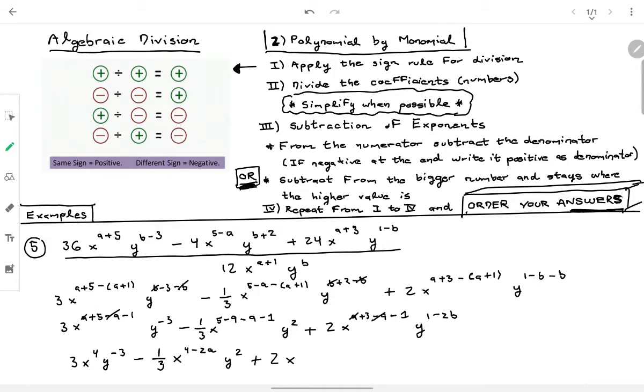We can eliminate it. 3 minus 2, it's 2, y to the 1 minus 2b.